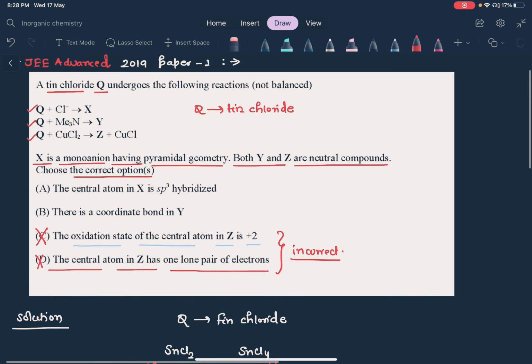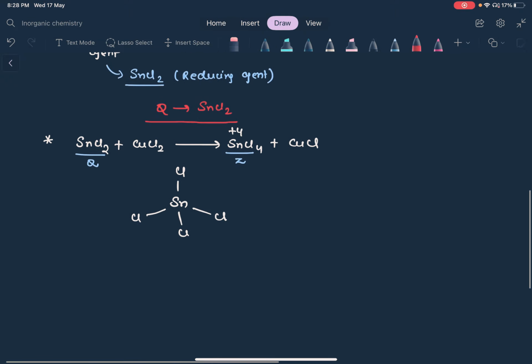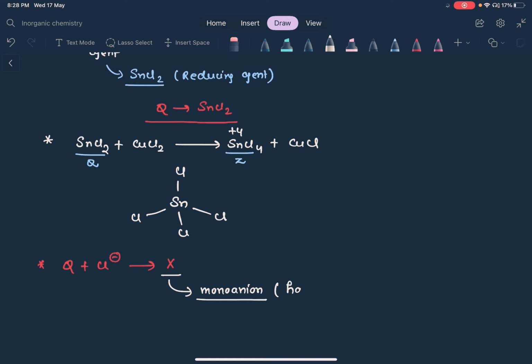Now let's talk about reaction number 1. Q is reacting with the Cl minus ion and producing X. What information is given about X? X is a monoanion having pyramidal geometry.